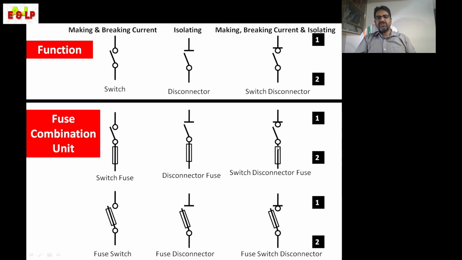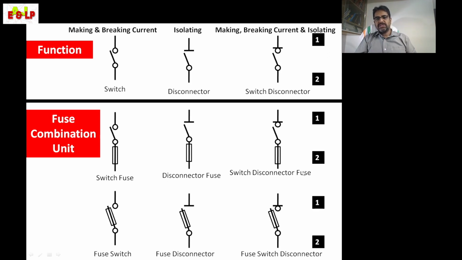Now, depending upon this combination, fuse with a switch, fuse with a disconnector, or fuse with a switch disconnector, we can divide these devices into different categories. One is switch fuse: first the switch comes, then the fuse. Then disconnector fuse: first the disconnector, then the fuse. Please note these numbers 1 and 2.